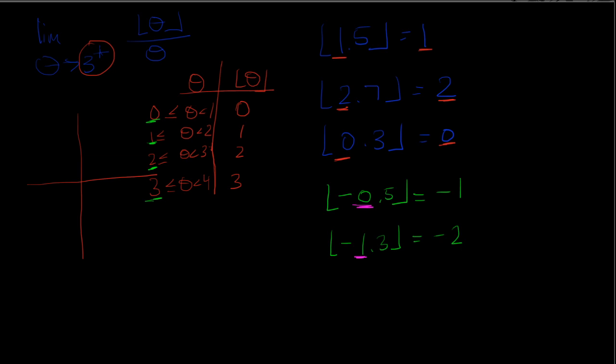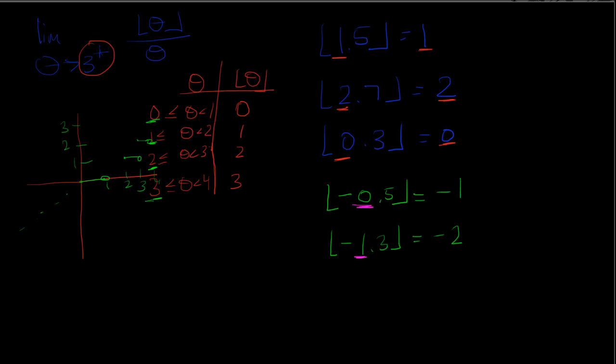So if we were to graph this, it would look something like this. So it looks like a step function. And of course, you can repeat it over there, but we don't really care about that.